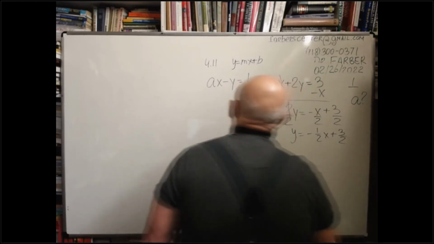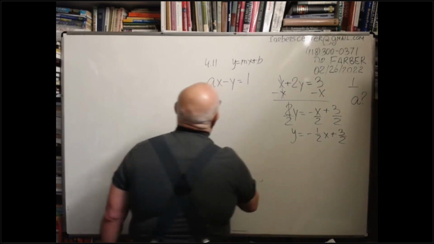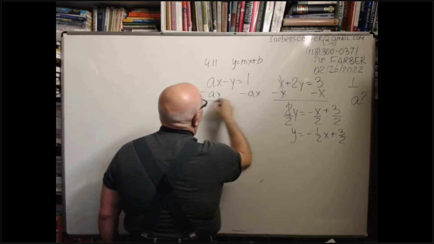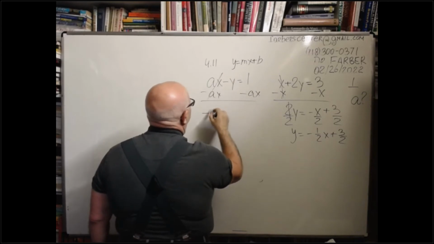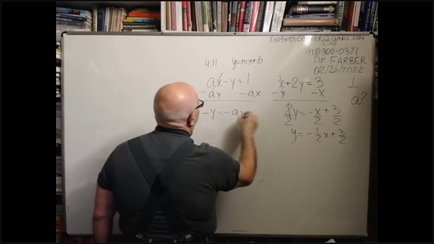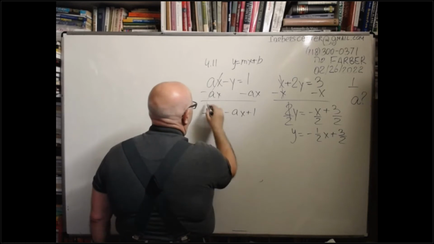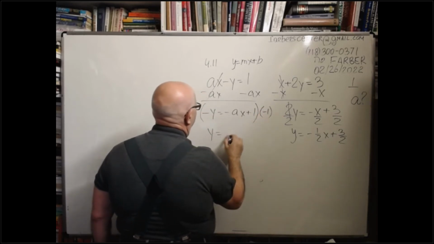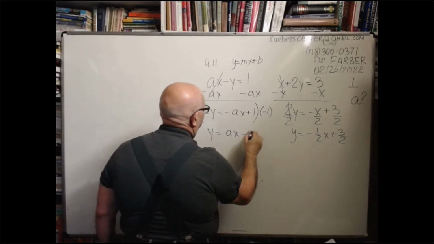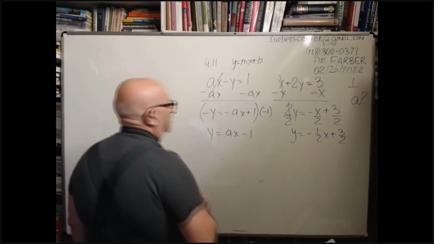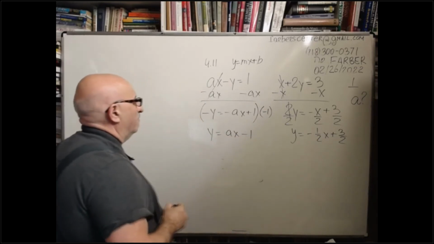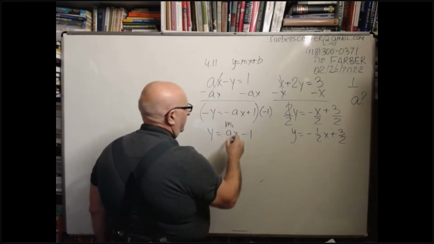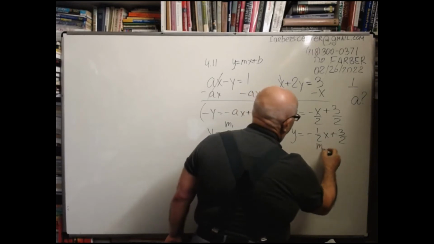Now let me rewrite this one. Minus ax cancels out, so negative y equals negative ax plus 1. Multiply everything by negative 1. You have y equals ax minus 1. This is slope 1, and this is slope 2.